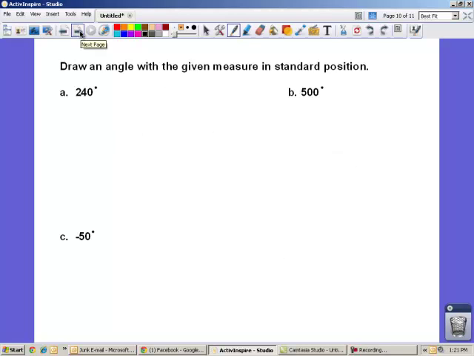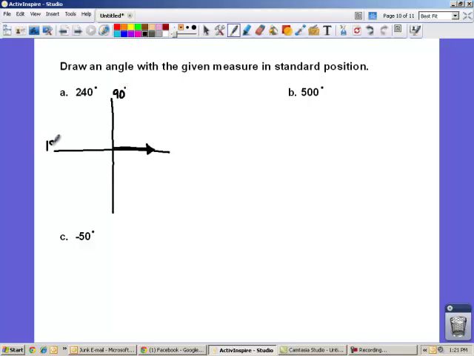Now we're actually going to draw the angle with a given measure in standard position. So we have 240 degrees. So at first we need to draw our X and Y coordinate. And then we need to start at 0. We're going to fill this in. And we're going to go to 240. Remember, this is 90.